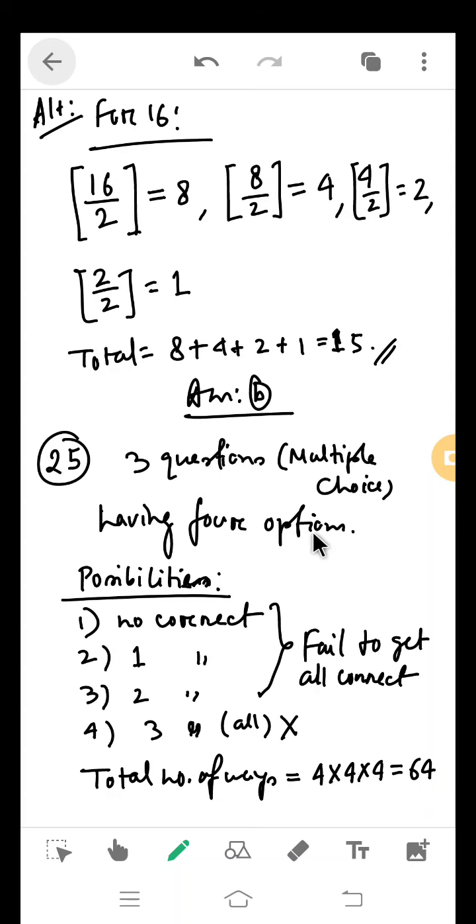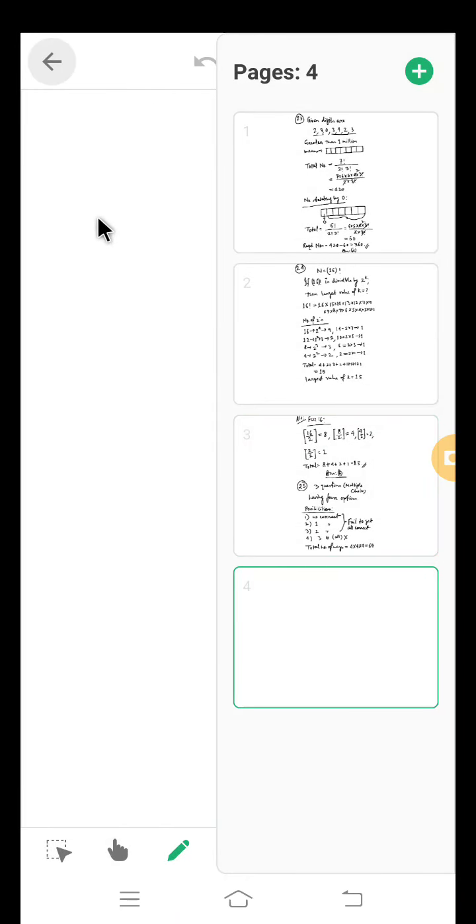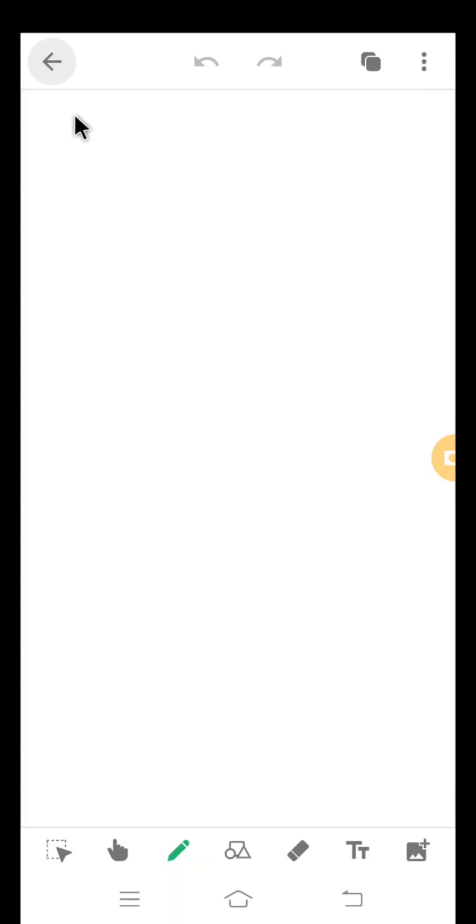ठीक है. Next, out of 64, in how many cases you will get all correct? So number of ways of being all correct.